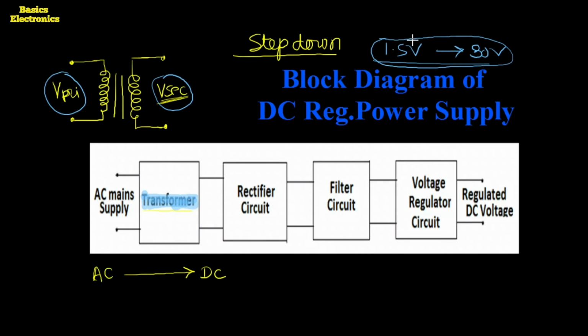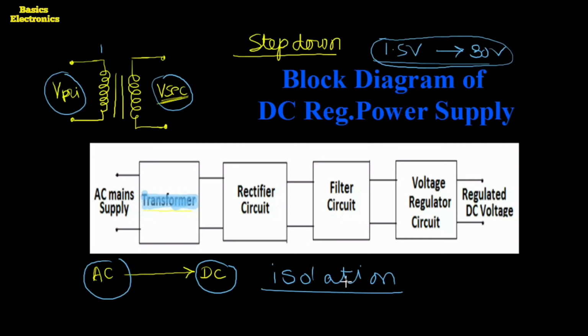The first reason for using this transformer is that it provides isolation between the AC mains current and the DC current. So it makes the power supply shock proof. Therefore, we are using the transformer.